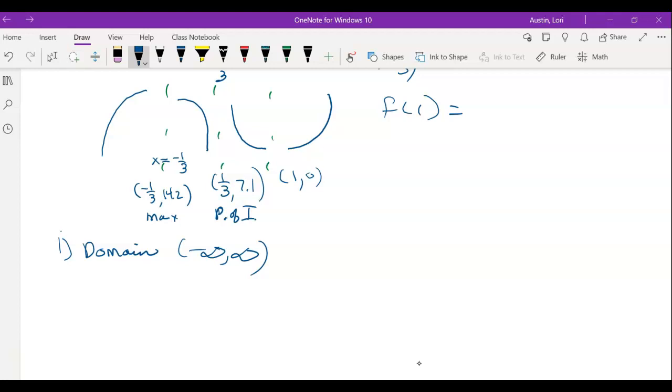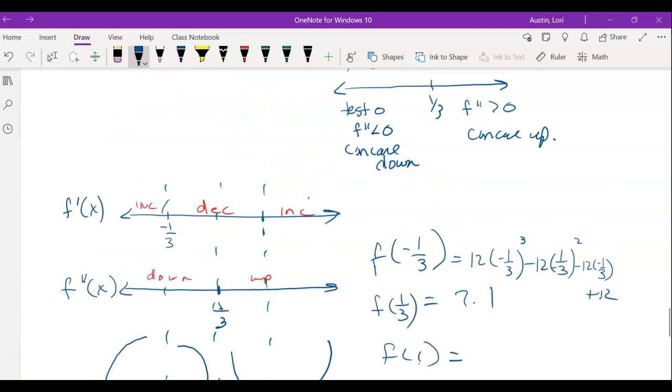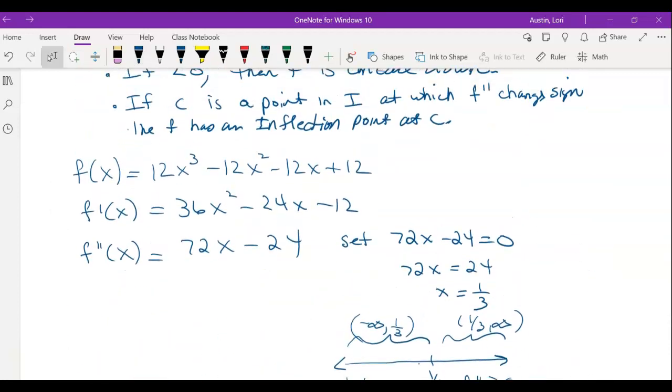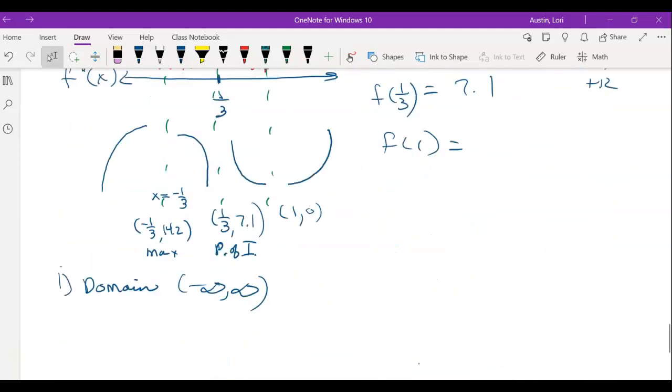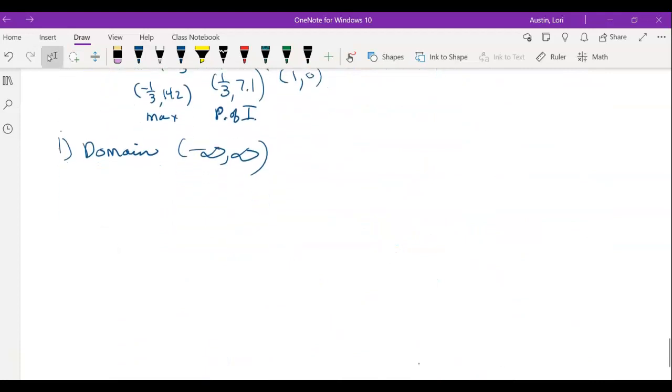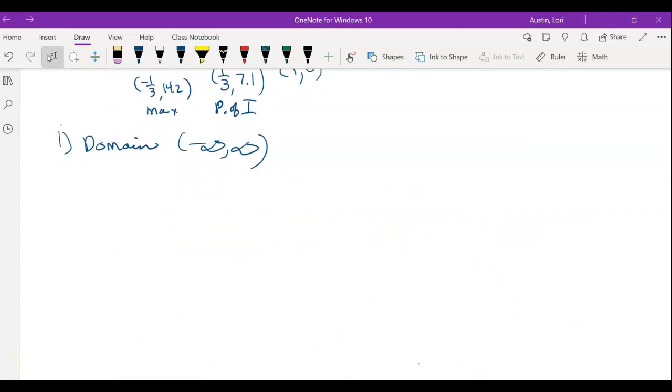Is there any value of that original function that you can't plug in for x? No. Where you need to really pay attention to domain is rational and logarithmic and trigonometric functions, which we will do examples on Thursday. We're doing the simple one today. The polynomial. All right, so domain, we're done. We know the domain. Be able to identify a domain.